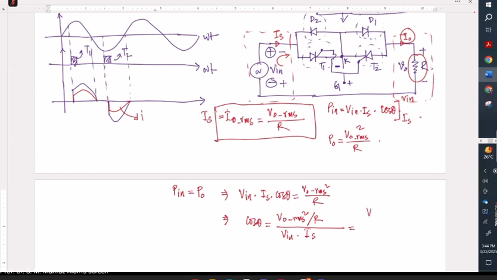So we can write it as V naught RMS square over R, divided by your V in RMS. And what is my IS? IS is the same as V naught RMS over R, right? Any question regarding this?